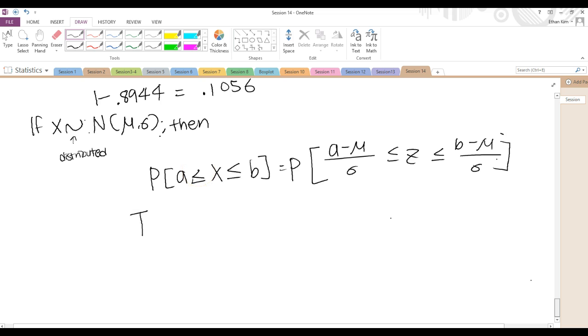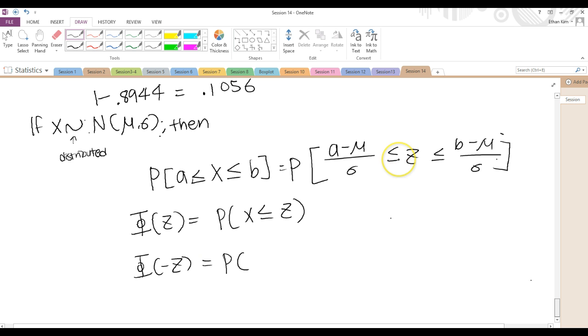And you would refer back to the chart. So this is phi, say phi of z. This is the probability of x less than or equal to z. And if z is negative, then you would do 1 minus phi of just z.